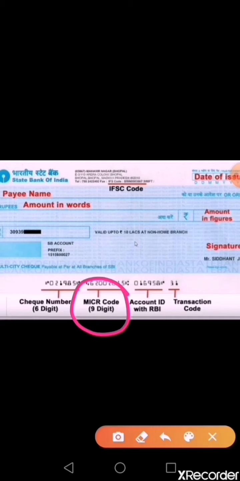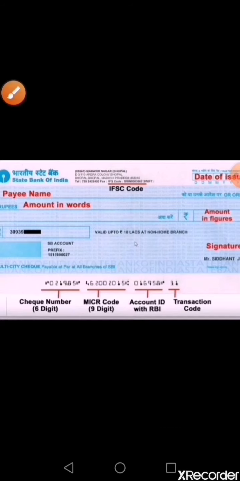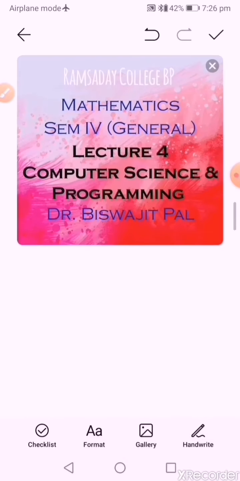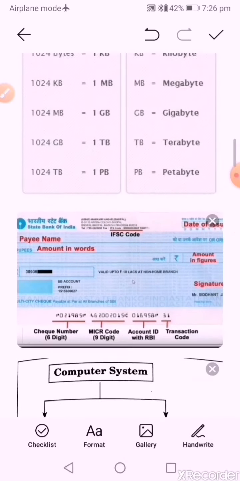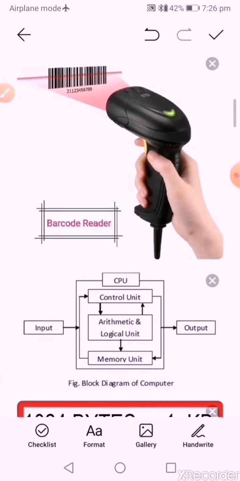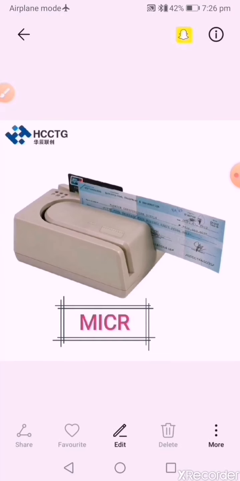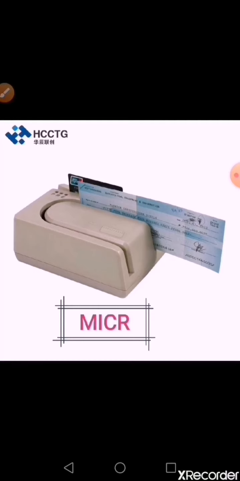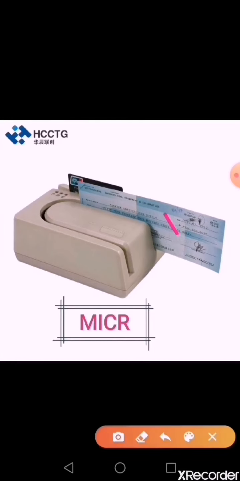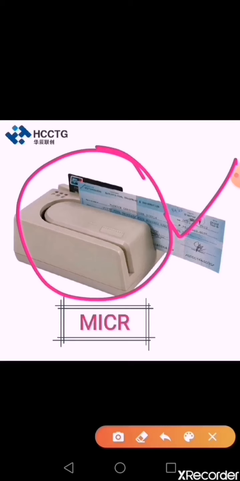This code is written using a pen which contains iron particles. Whenever this check is submitted to a bank, MICR is used to scan this check. This instrument is MICR, magnetic ink character recognition.